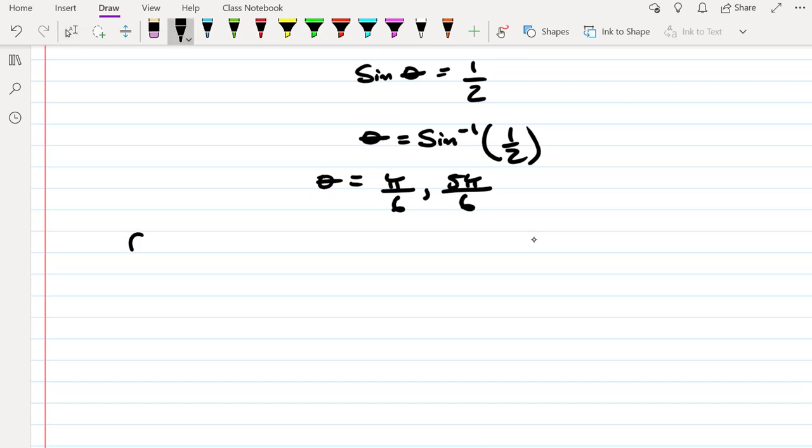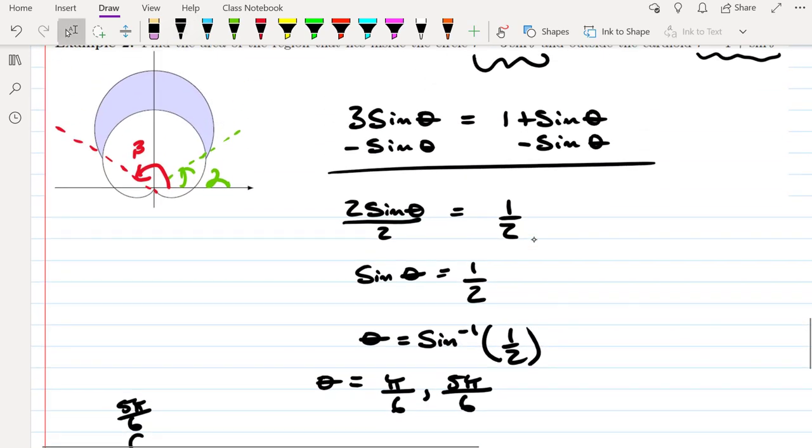So then now we need to find the area in between those two curves. So we're going to integrate from pi over 6 to 5 pi over 6. And similar to what we did in earlier sections, we are going to have our two distinct curves here.